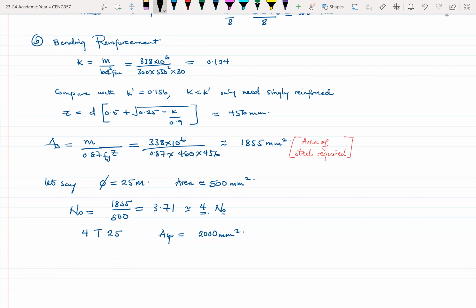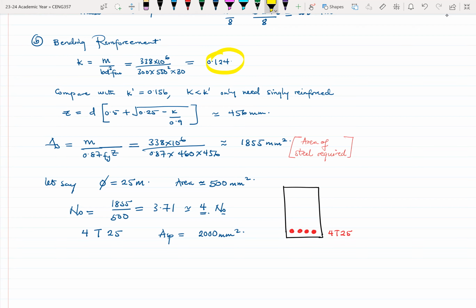if this is your cross section, it means that here at the base you have 4. Okay. So this is 4T25. So pretty much we are done with the portion for the bending check. All right. So this is quite important.